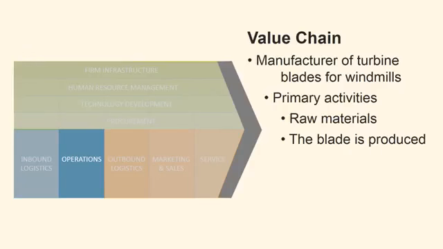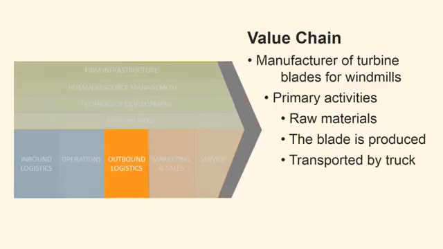The raw materials shall hereafter be part of the primary activity operations, in which the blade will be produced. When the finished turbine blade is transported by truck, it is part of the primary activity outbound logistics.